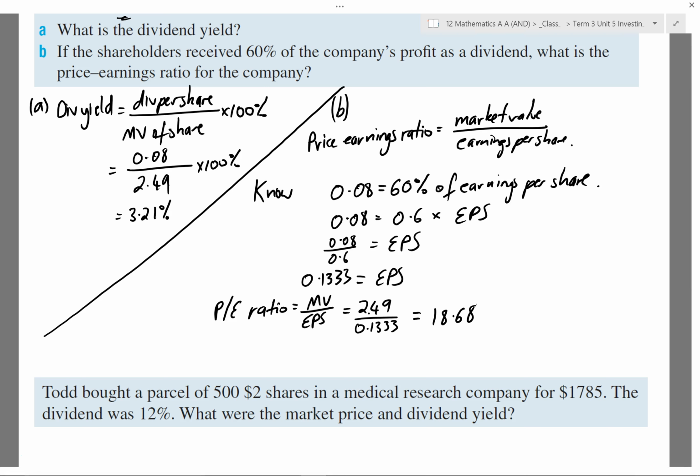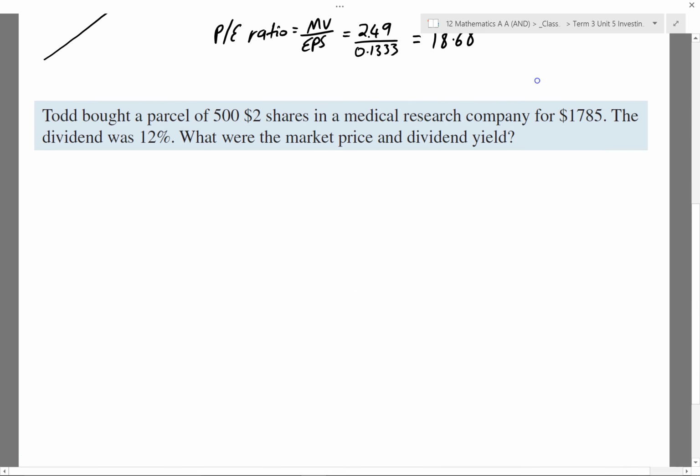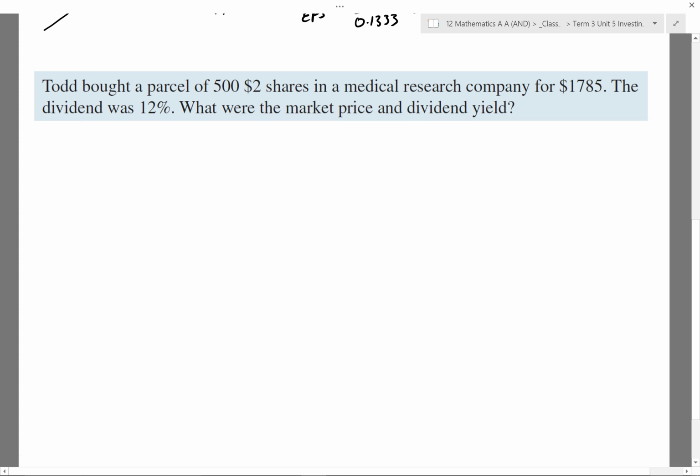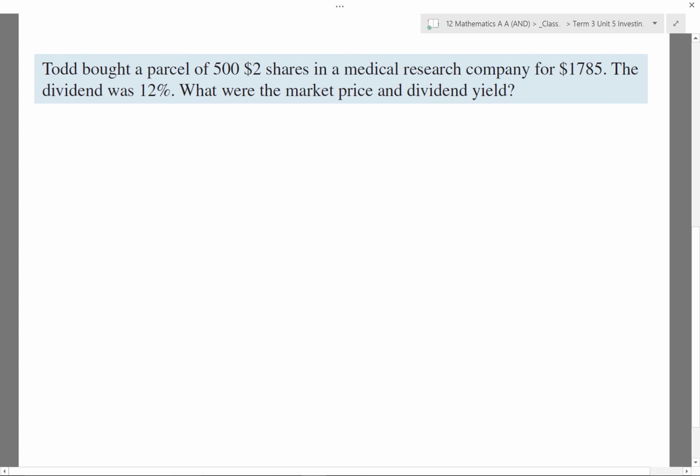So that's one sort of problem. I'll look at this other sort of problem that we can see. I'll take a similar sort of approach. Todd bought a parcel of 500 $2 shares in a medical research company for $17.85. That sounds weird. 500 $2 shares, 1785. Oh, so this $2 must be what they were originally.